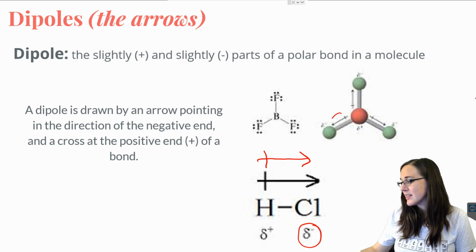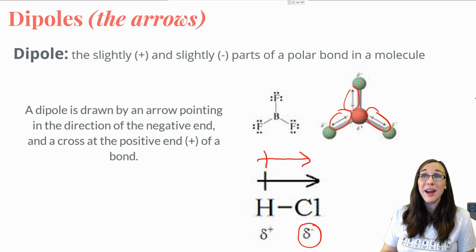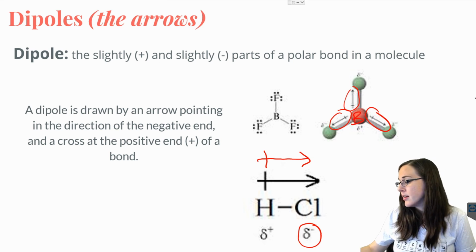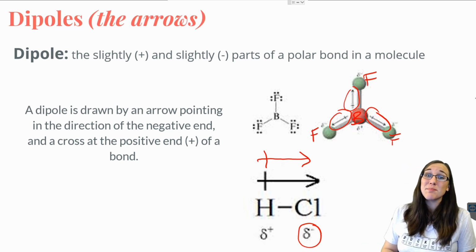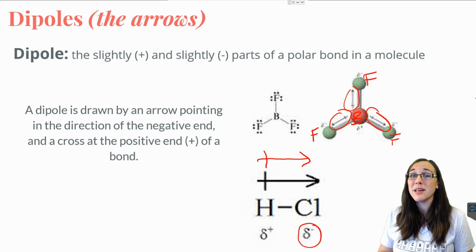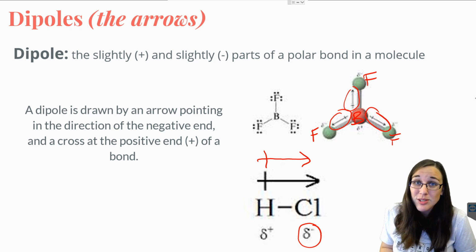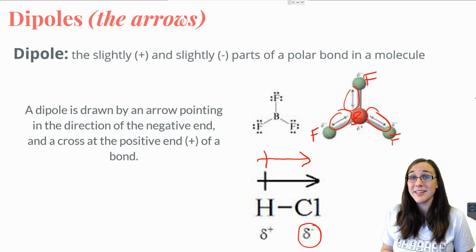You can also see the dipole arrows here. There's more than one dipole arrow for boron trifluoride because it's between each atom. It's between the boron and the fluorines. And we know that fluorine is much more electronegative than boron because fluorine is the most electronegative atom on the periodic table.